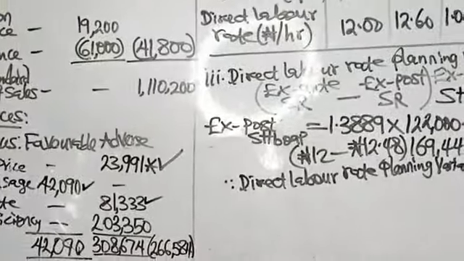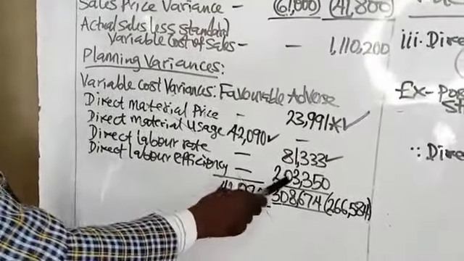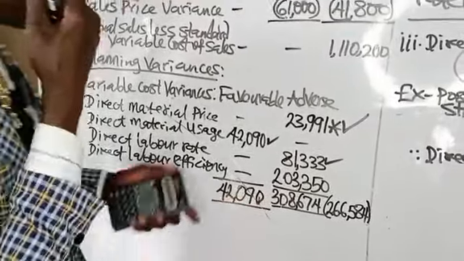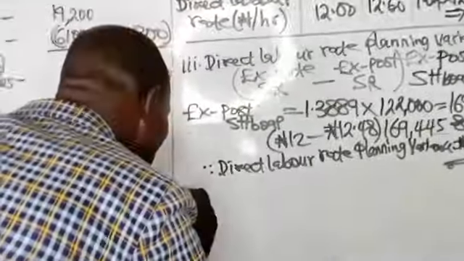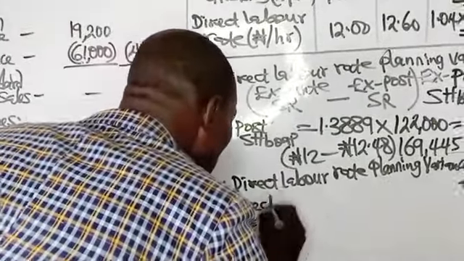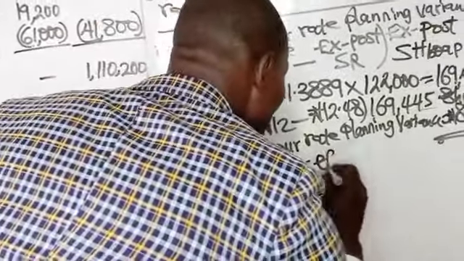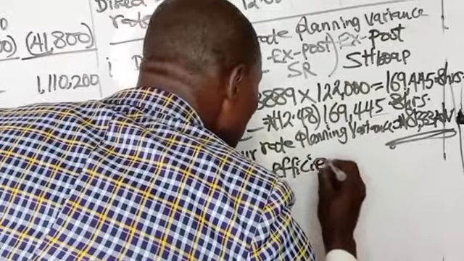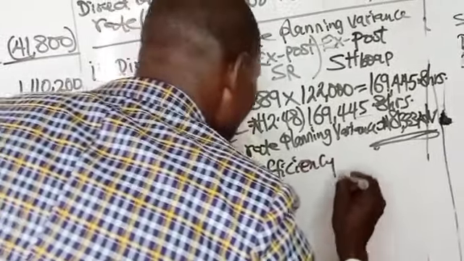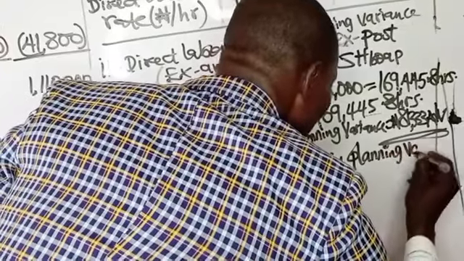The last one under planning variance is direct labor efficiency variance. So direct labor efficiency planning variance.